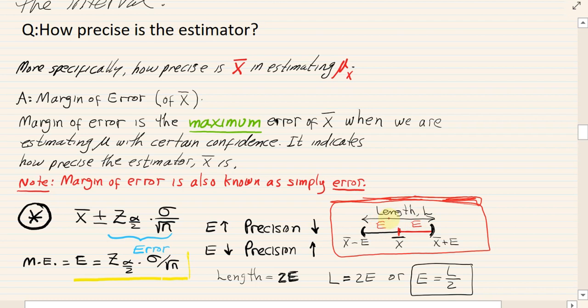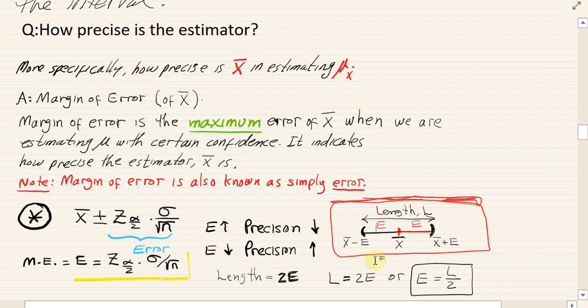So for the upper limit of the confidence interval, we do x bar plus E. For the lower confidence limit, we use x bar minus E. The whole length is therefore E plus E, which makes 2E, correct? E and E make up the whole length, which is L. So I have written this information.